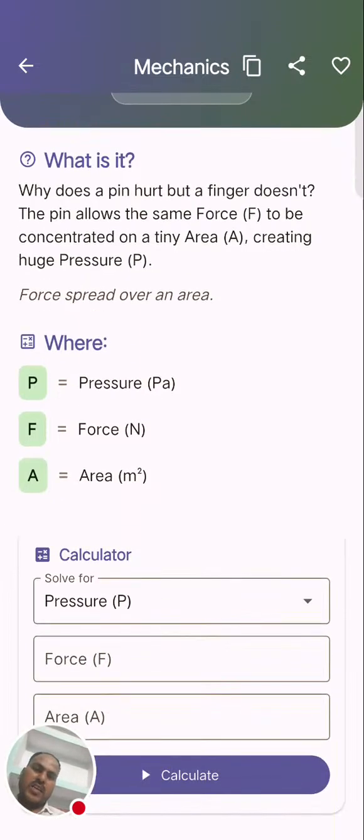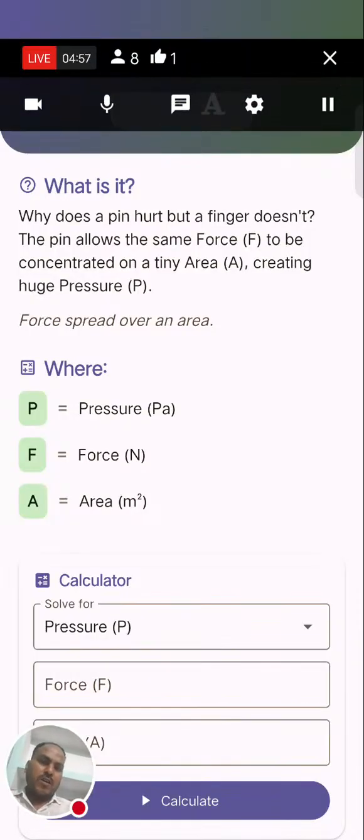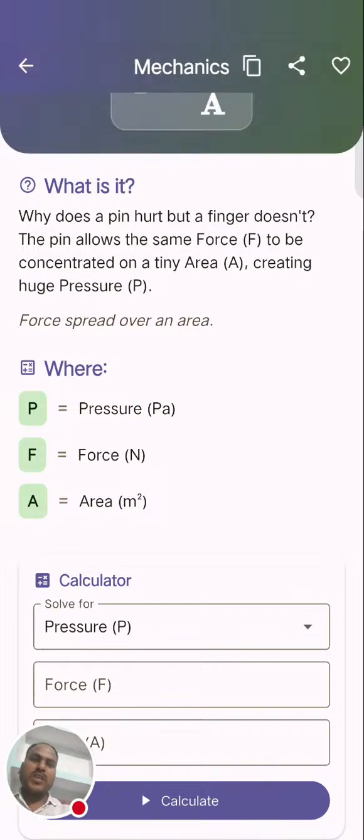While inserting a pin in a notice board, we are able to penetrate the board, but if we insert our finger, we are not able to, because the surface area of the finger is larger compared to the pin.